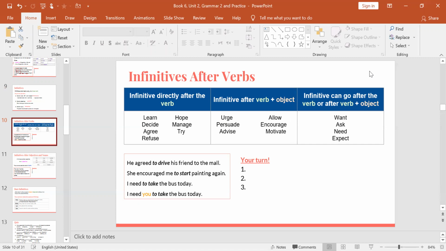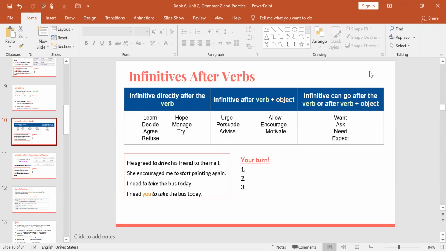Now, again, I just want to remind you that you are not required to memorize these categories. The purpose of this grammar exercise is to get your mind to see that these categories exist. And as you continue practicing your English, as you continue listening and reading and writing and speaking, these categories will become like second nature.